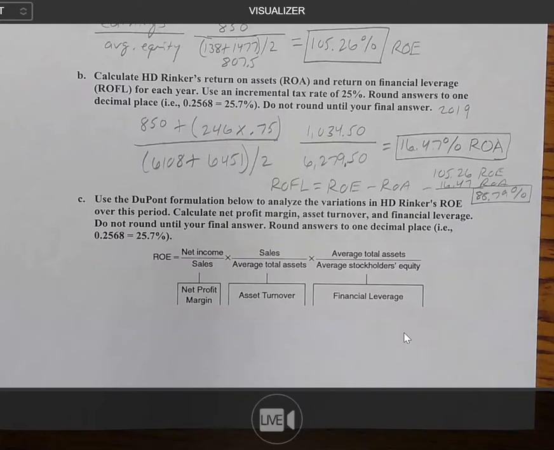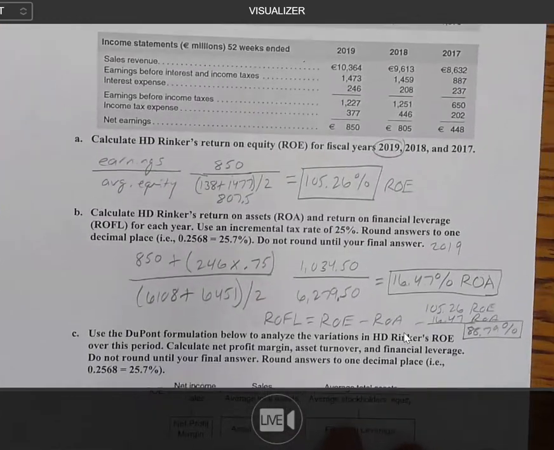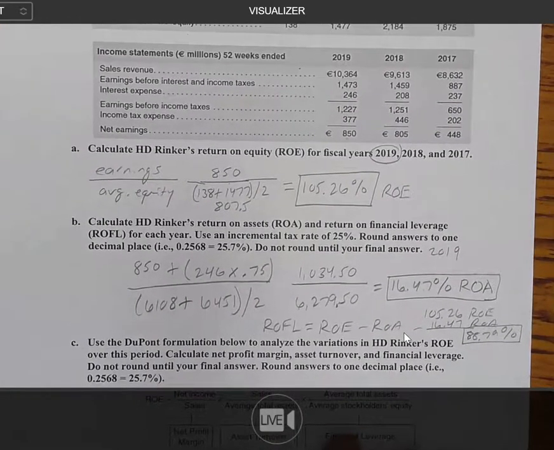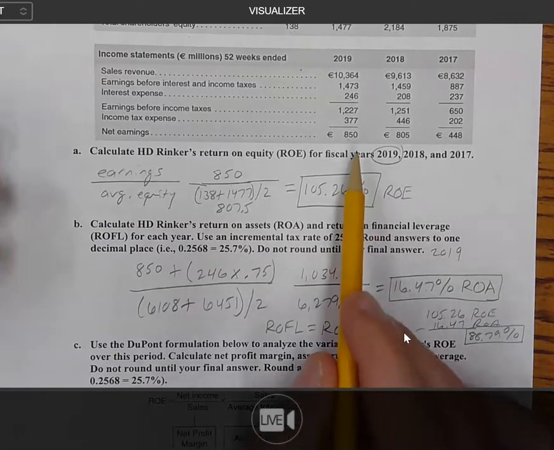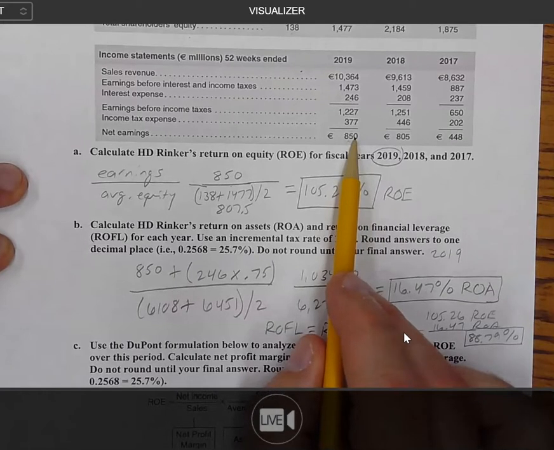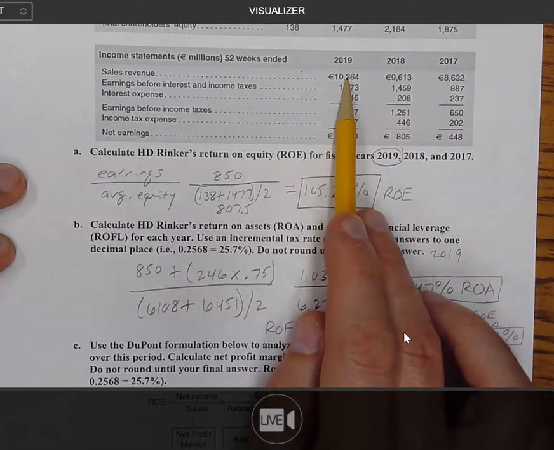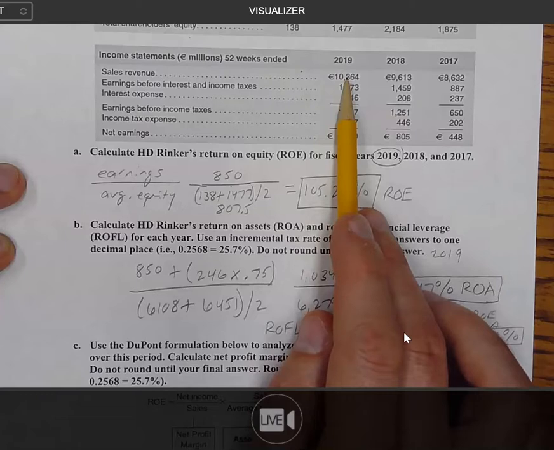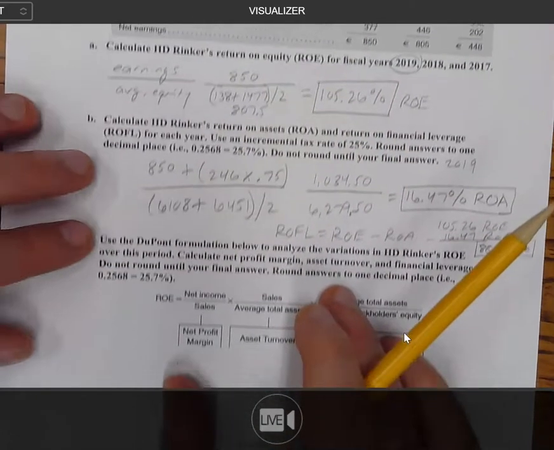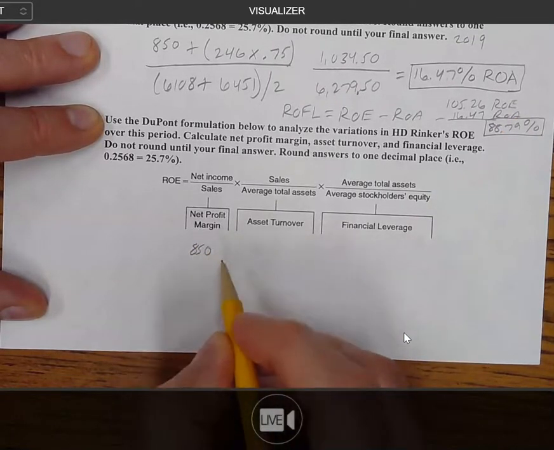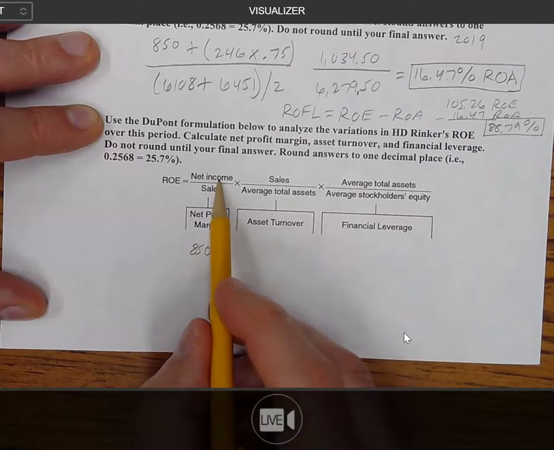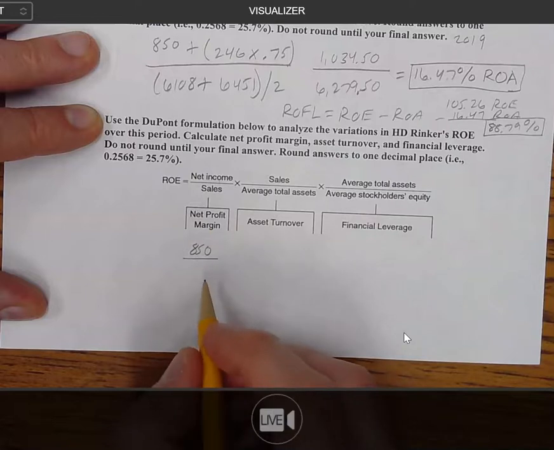Okay, so let's go ahead and do that, as this video is already starting to run quite long. So our profit margin we can gather by taking net earnings of $850 and dividing those by our sales revenue. Okay, $850. Then they've said net income here, and above it was net earnings, so we're going to treat those as synonyms.